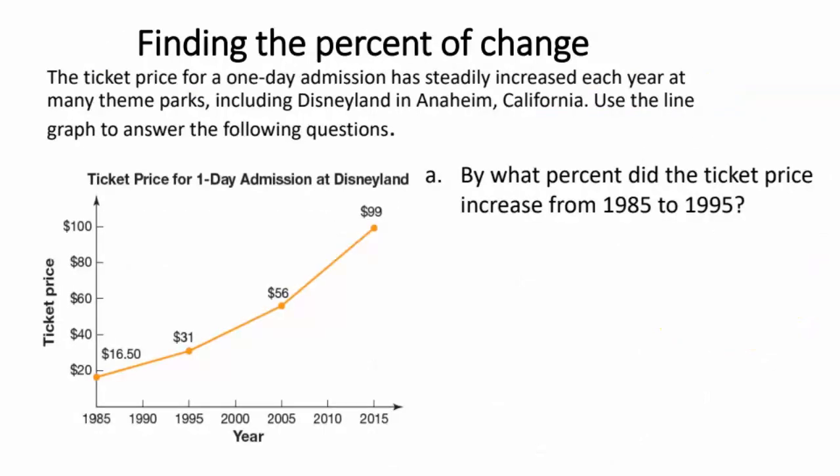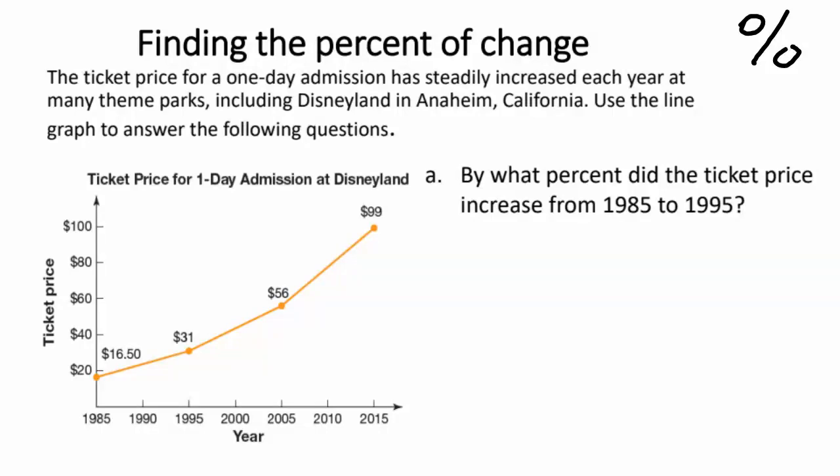Now, this is asking you for a percent of change. Now, if you look at this slide, there is no place that you see this symbol. Well, that should tell you that I have that new formula.